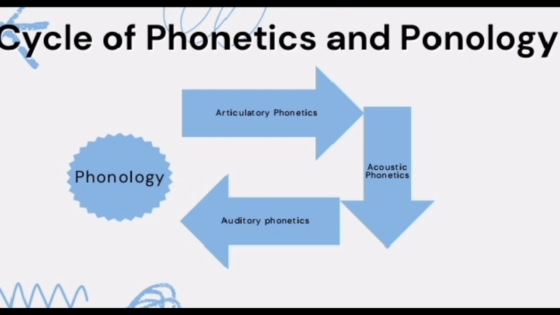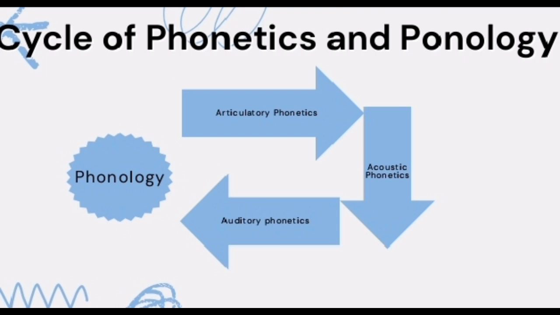In which branch? In articulatory phonetics, because there we study how we articulate and produce sounds. Simultaneously, when the sound is uttered from our mouth, it is studied in acoustic phonetics, because in acoustic phonetics we study the physical properties of sounds, like the frequency of sounds in the air.